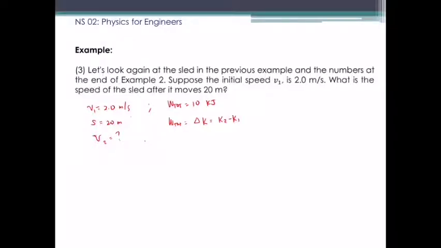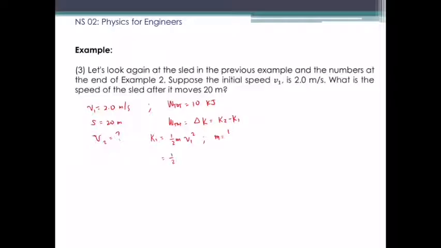Since v1 is given, we can solve the kinetic energy at point 1. That is 1/2 m v1 squared. So that is 1/2 our mass. Since the total weight is given, we can get the mass by the formula weight is equal to mass times gravitational acceleration.